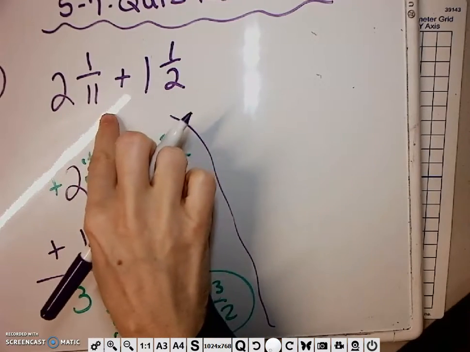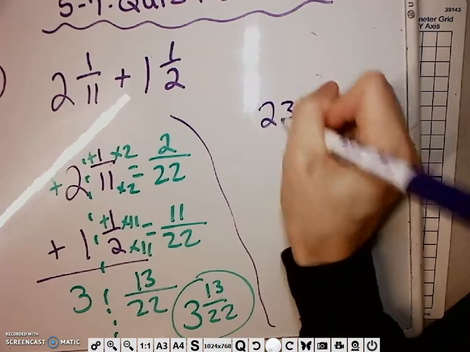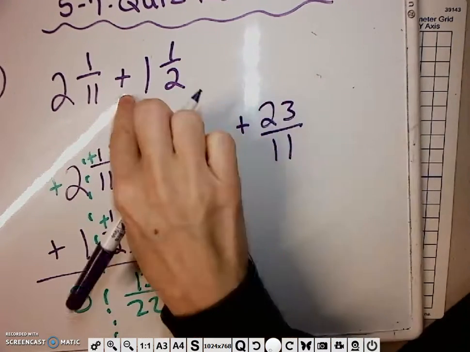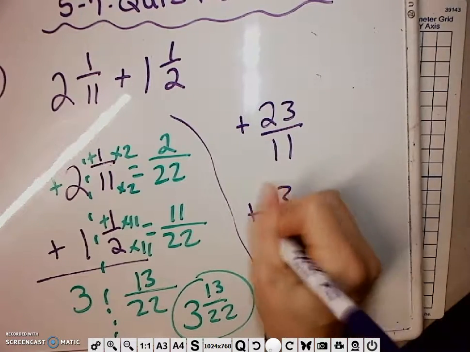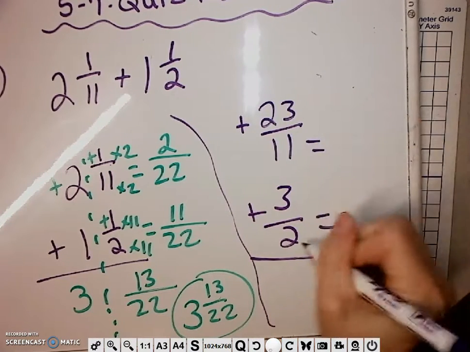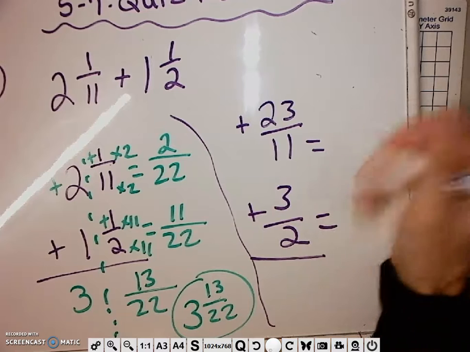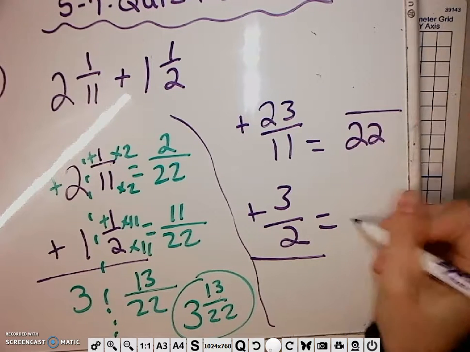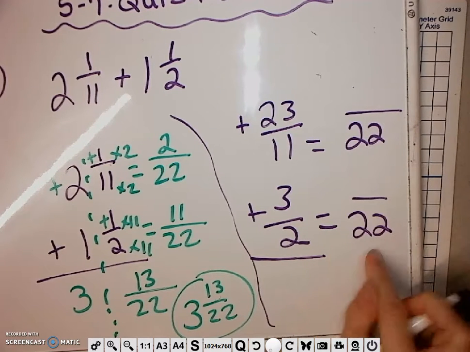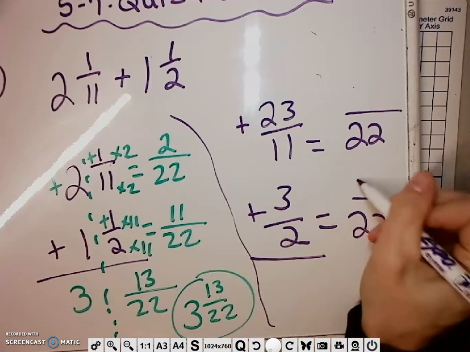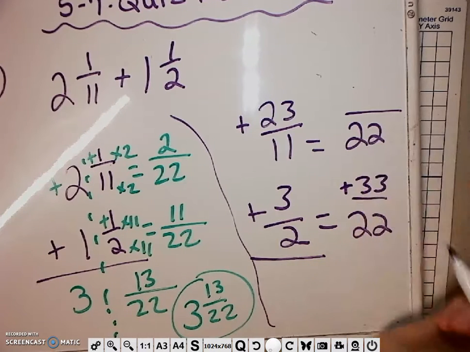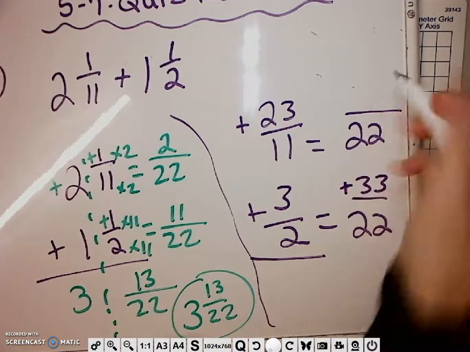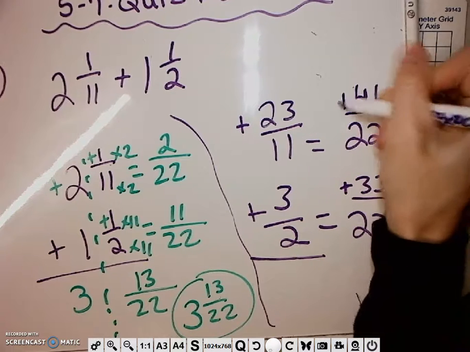All right, if you use the improper method, I would do 2 times 11 is 22 plus 1 gives me 23 elevenths, positive. Positive, 1 times 2 is 2 plus 1 is 3 over 2, positive. So then I'm just going to rewrite these. So 11 and 2 have 22 in common. 2 times 11 is 22, so 3 times 11 is 33, positive. 11 times 2 is 22, so 23 times 2 gives me 46, positive.